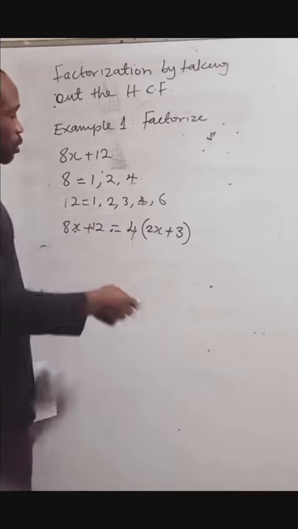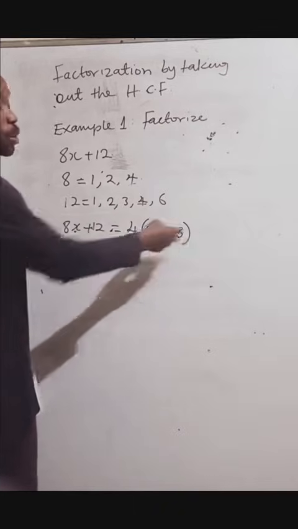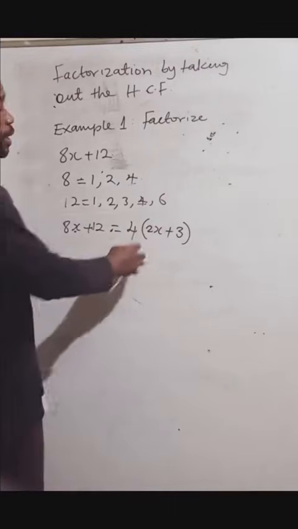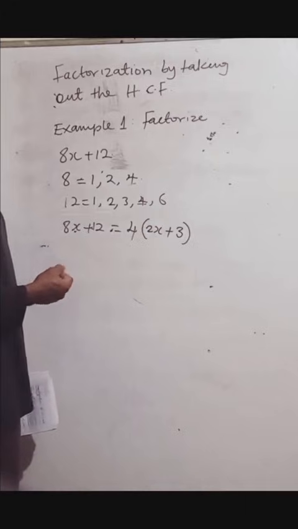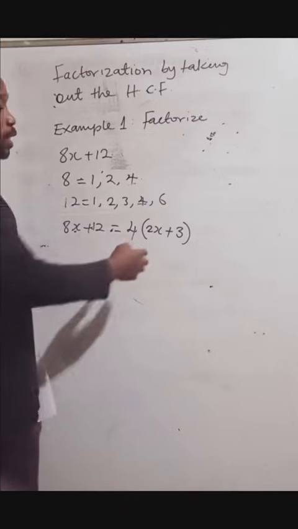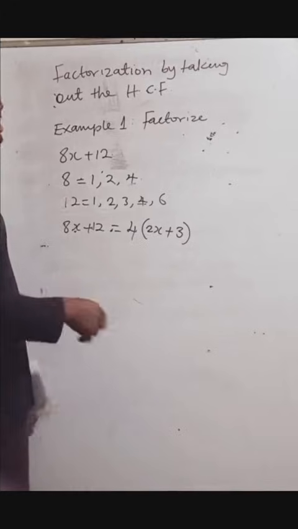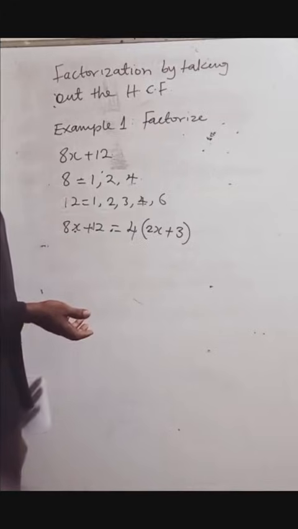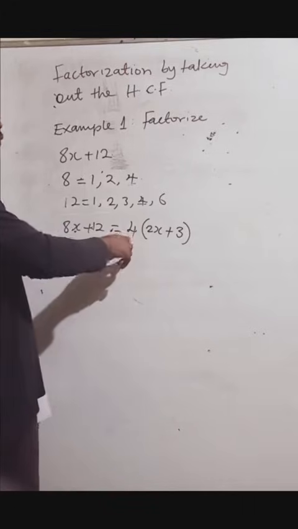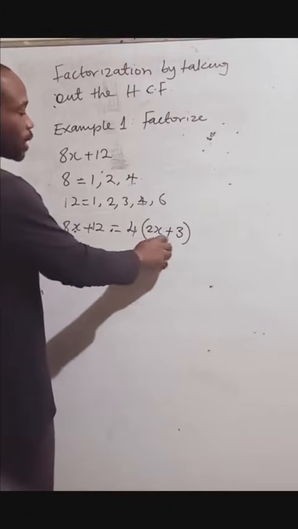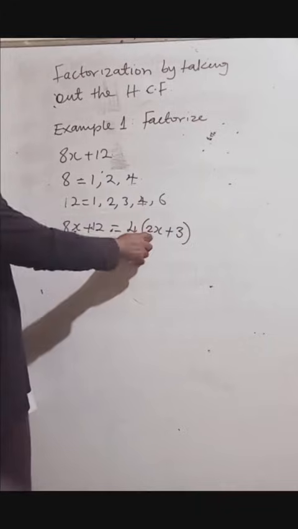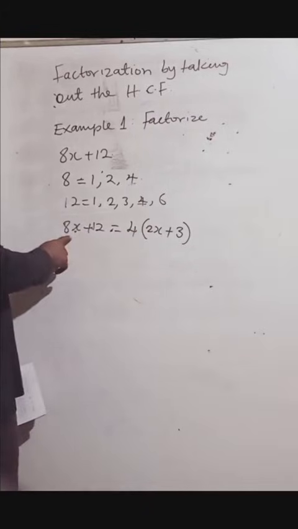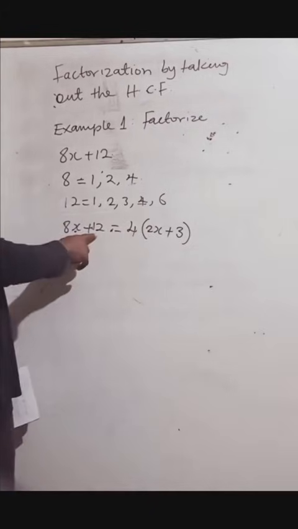As a product of 4 and 2x plus 3. So how did I get 2x plus 3? Alright? So 2x plus 3 is also a factor of 8x plus 12. So if I use 4 to multiply 2x plus 3, I'm going to get back 8x plus 12. 4 multiplied by 2x is 8x, and 4 multiplied by 3 is 12.